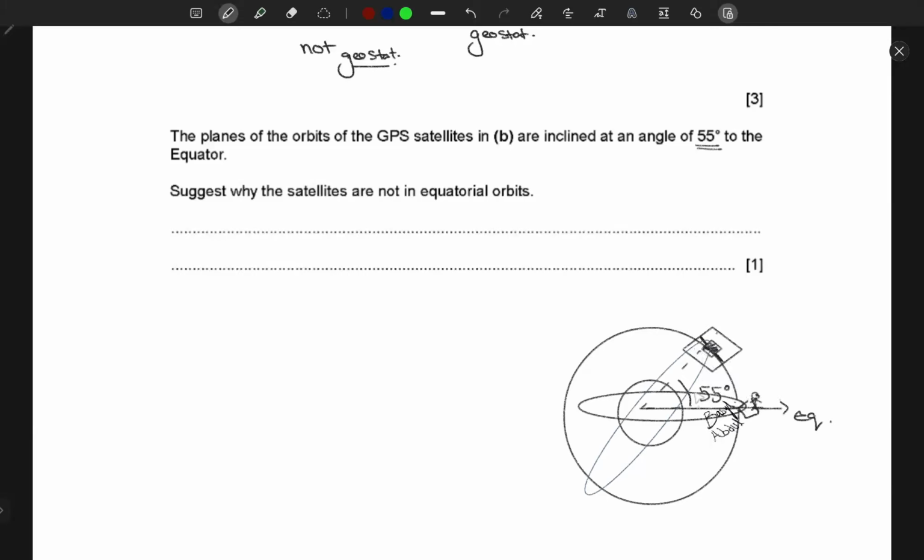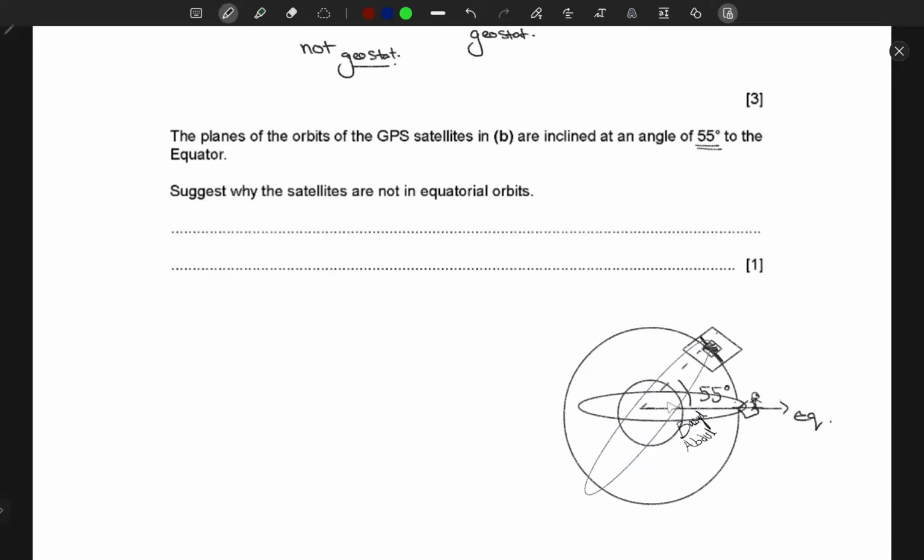I gave you a very big hint as well: think in terms of the purpose of the satellite. The satellite has to record what's happening on the Earth, for example climate change.